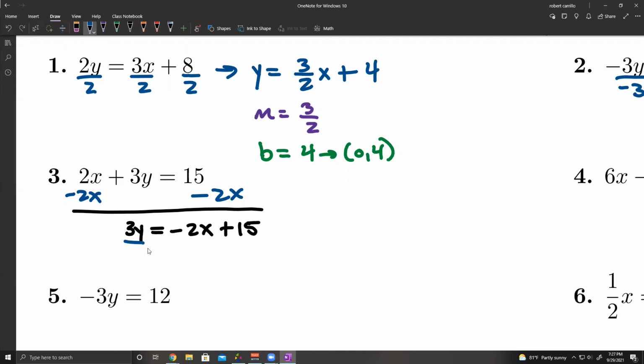Divide by 3, divide by 3, divide by 3. And we get y equals negative 2/3 x plus 5. Okay, and what is my slope?